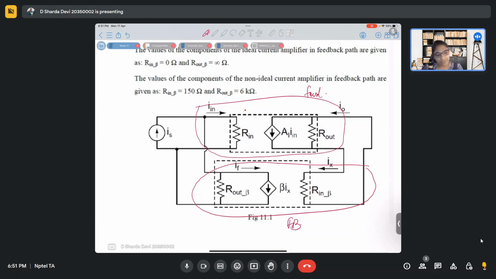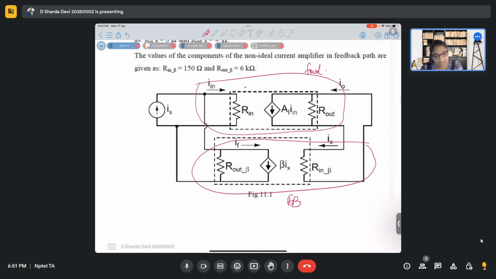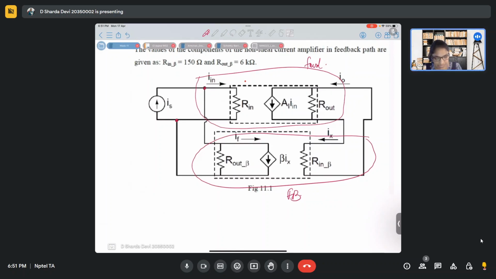Now, if you see very carefully, your inputs are actually shunted, or parallel. Like I in is in parallel with the feedback, beta times Ix. So on the input side, it is a shunt connection, right? But if you look at the output side, it is a series connection, right? The same current will flow through both circuits, so it is a series connection.